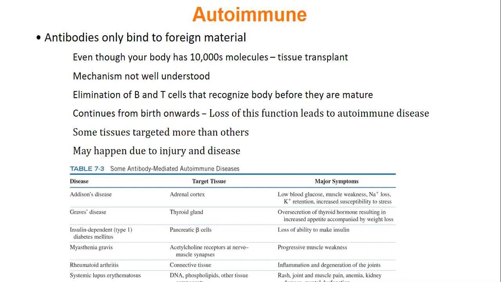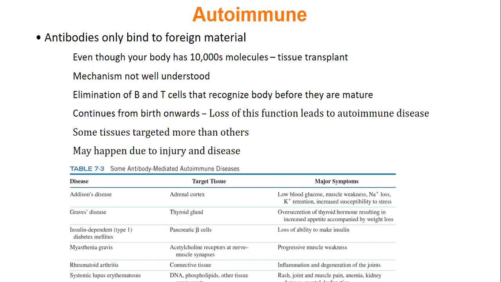And since we have more than 10,000 molecules in our body, there's a chance your antibody will say, hey, I found something, which is really you. Usually we can eliminate this, but sometimes we don't. Again, not really understood how that works, but it does happen.